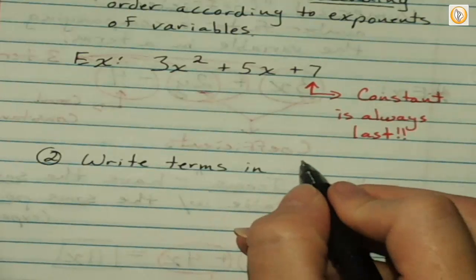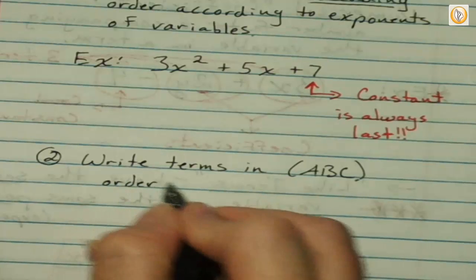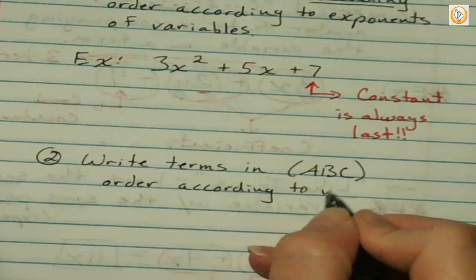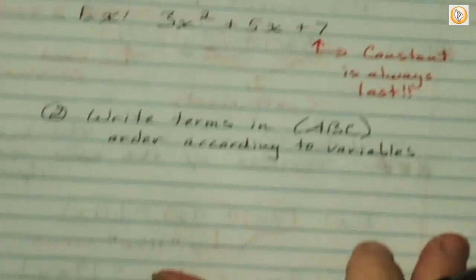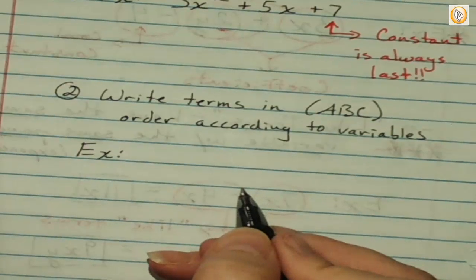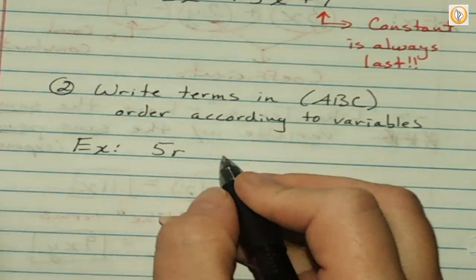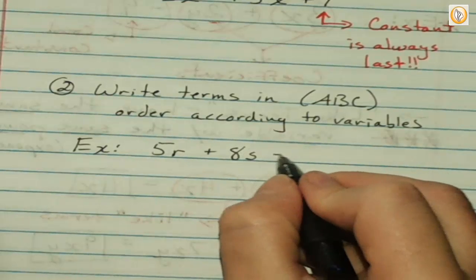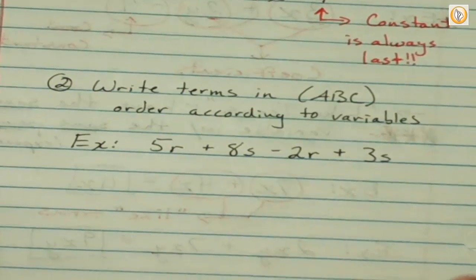Write terms in ABC order, alphabetically, according to variables. So for example, 5R plus 8S minus 2R plus 3S.